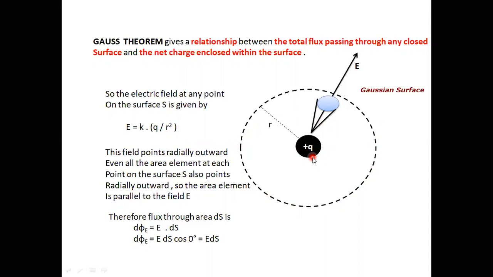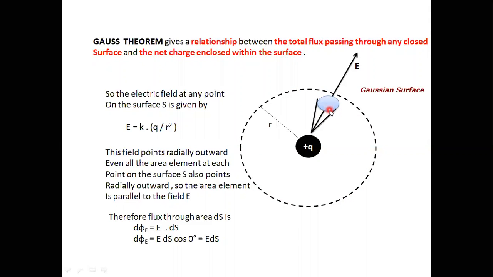Now in order to find that value, first we will take a small segment of this Gaussian surface. In this case, what you see here is this blue circular shade, which is a small segment of the entire Gaussian surface.